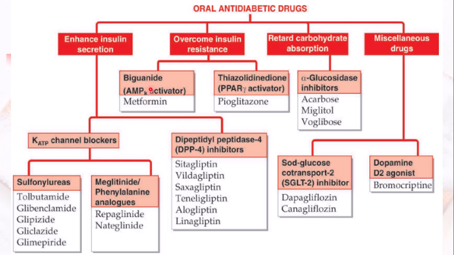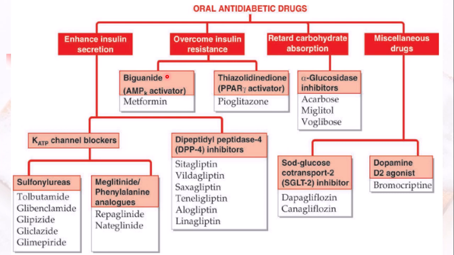Physiologically, AMP kinase is related to reducing hepatic glucose production, meaning the conversion of glycogen stores in the liver to glucose. So what biguanides do is prevent the conversion of glycogen into glucose, which is then taken into blood to increase blood glucose levels.